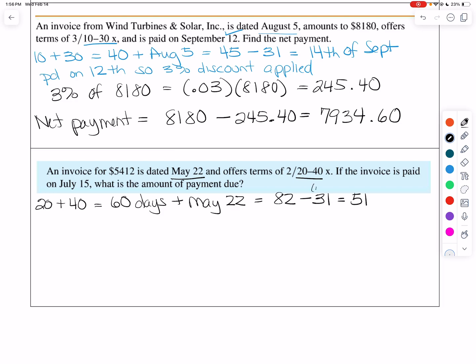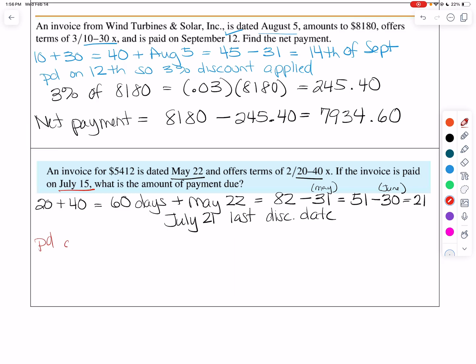Okay, so this was May that we just took out. Now I've got to take out the 30 days in June, and that leaves me 21. So July 21 is the last discount date. Well, they paid on July 15th, okay?